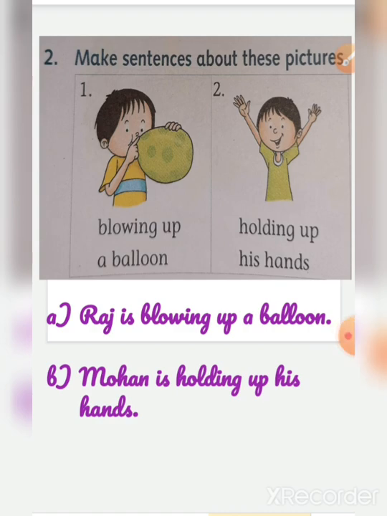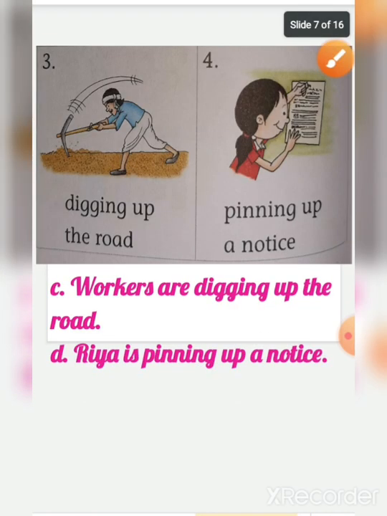In the first picture you can see a boy blowing up a balloon. So Raj is blowing up a balloon. In the second, holding up his hands: Mohan is holding up his hands. Then the third one, what is going on in the picture?